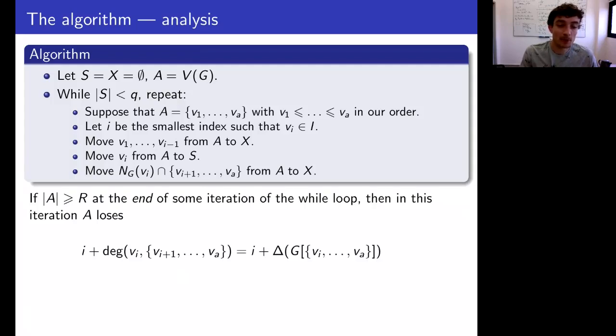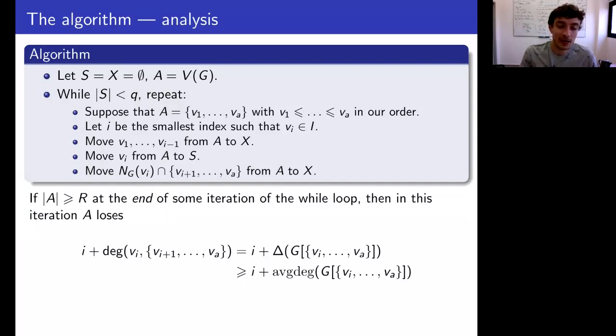Now, by the definition of the maximum degree ordering, Vi is the largest degree vertex in the subgraph of G induced by the vertices Vi up to Va. So therefore, we can write this equality. And now, maximum degree is always at least the average degree. What do we know about the average degree of this graph?